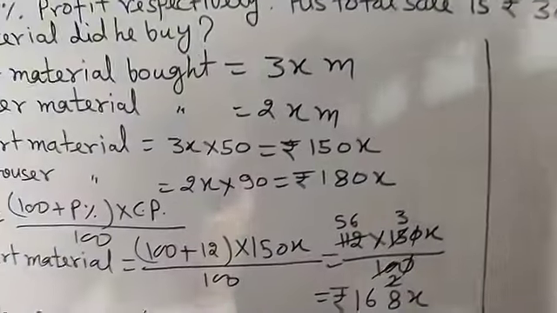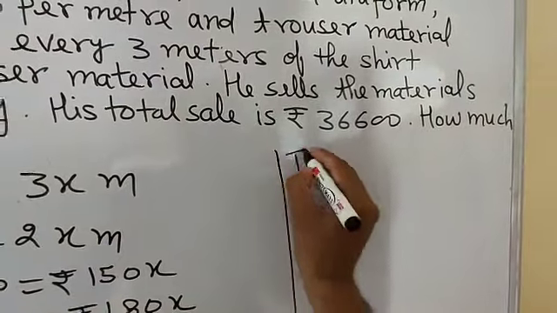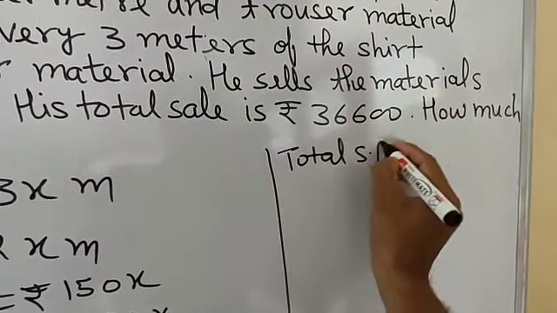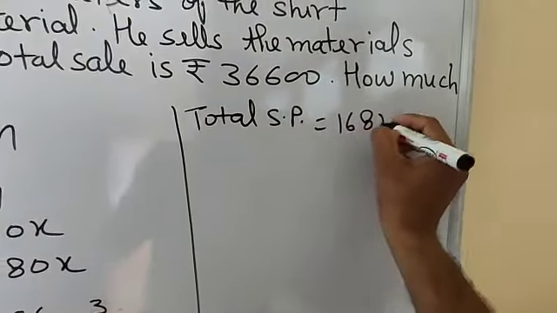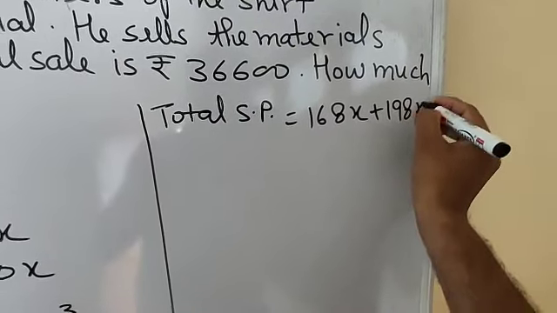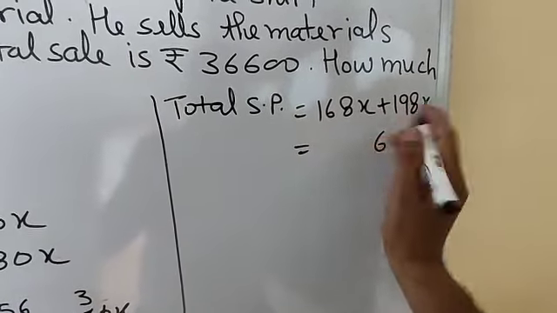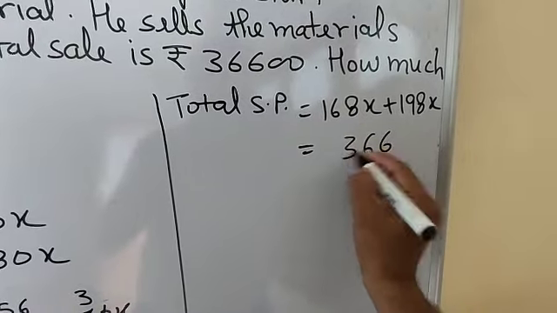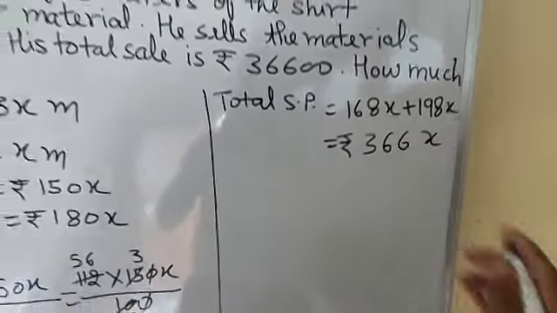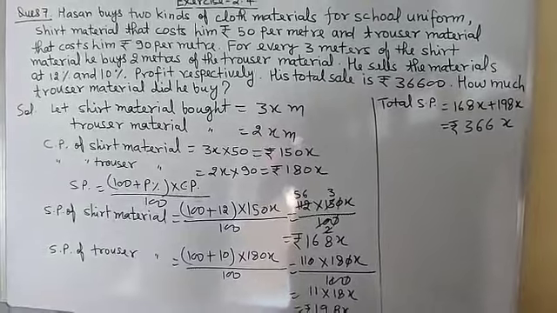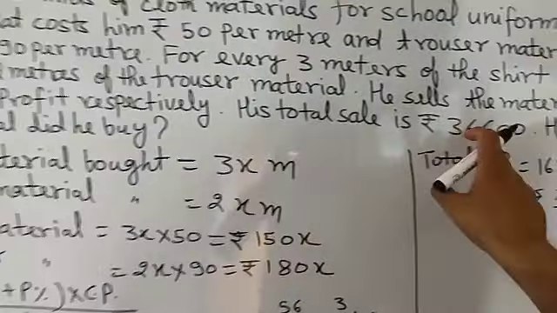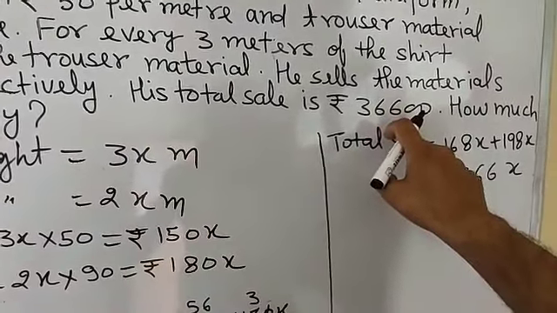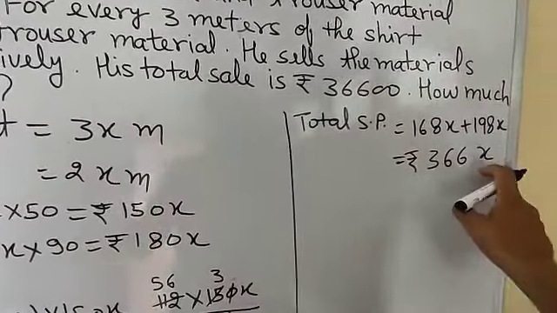Now the total selling price equals 168x plus 198x. If you add, 8 and 8 are 16, 9 and 6 are 15 plus 1 is 16, 1 and 1 is 2 and 1 is 3, so 366x. That is the total selling price of both kinds of material. According to the question, his total sale is rupees 36,600, and in your condition that is 366x.